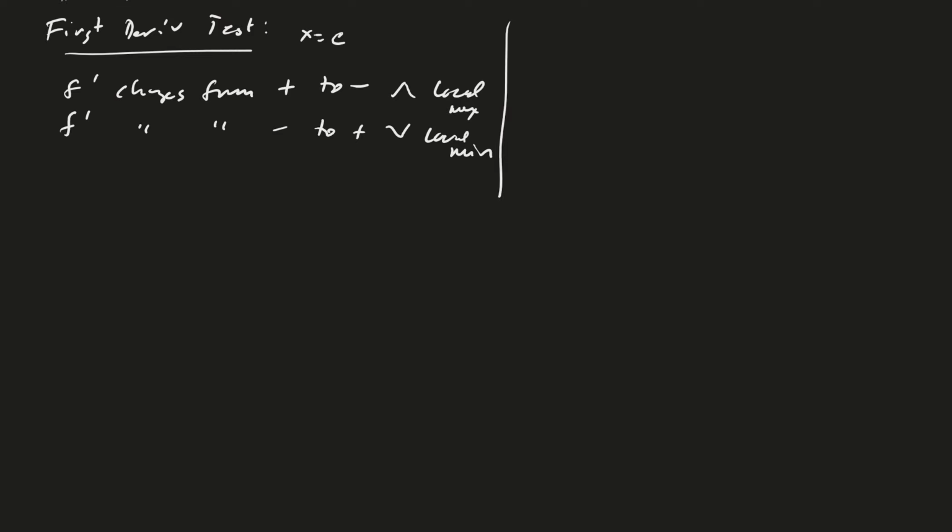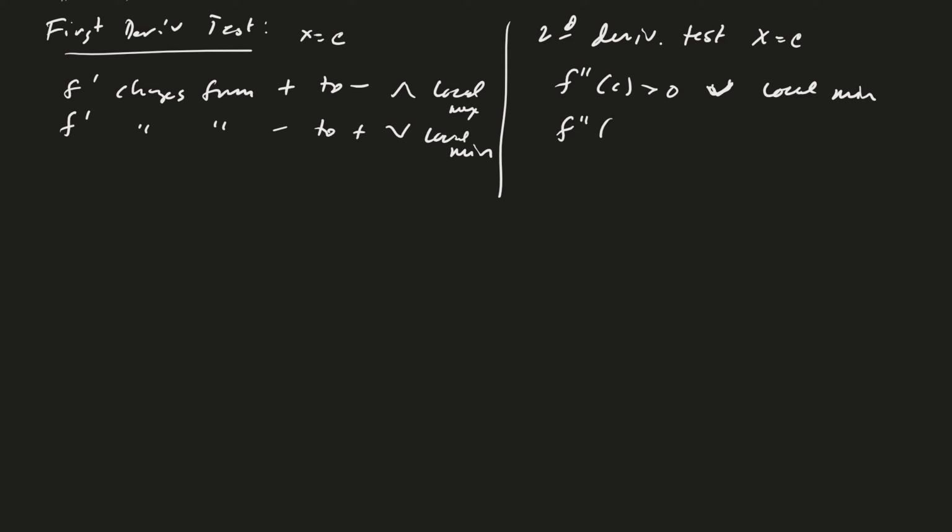And then the second derivative test, and again, this is a test for local extrema. If x equals c is your critical point, and f double prime of c is positive, then that means concave up, right? And so that means local min.